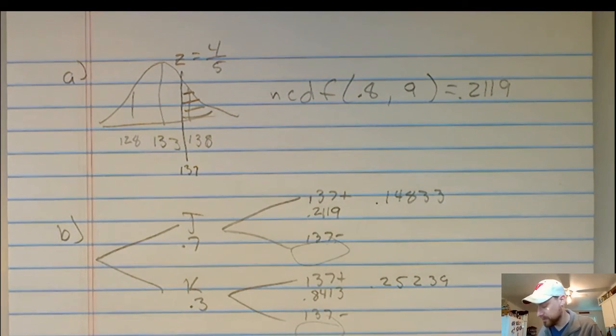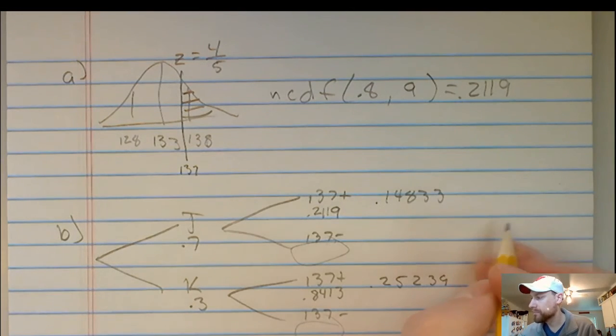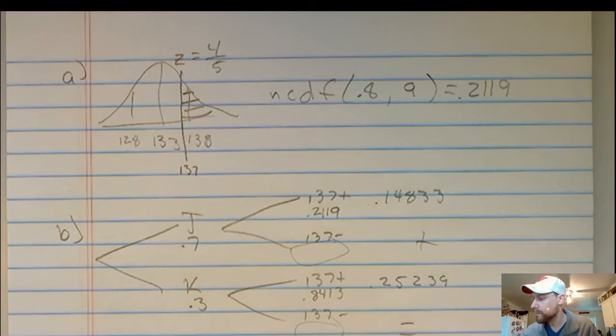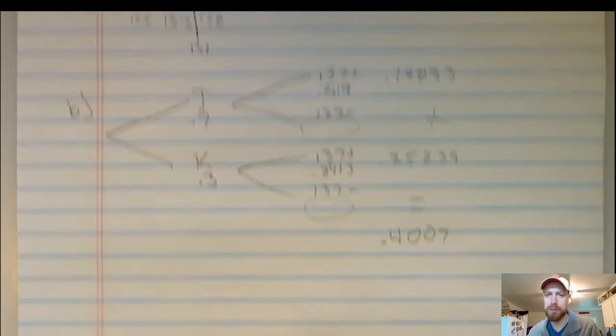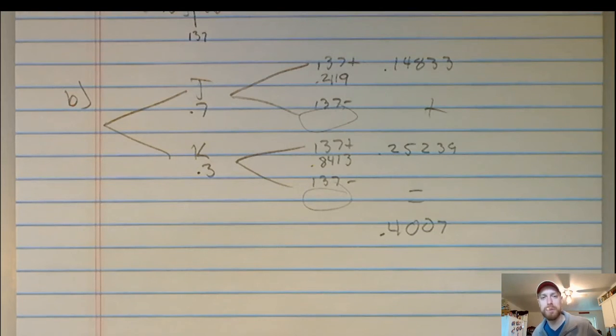Add them together, and we get our overall probability that it's greater than 137 millimeters.